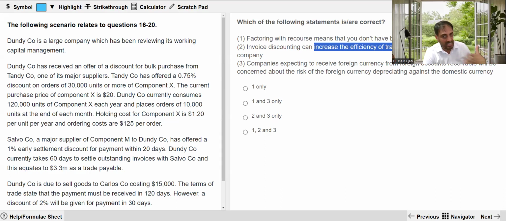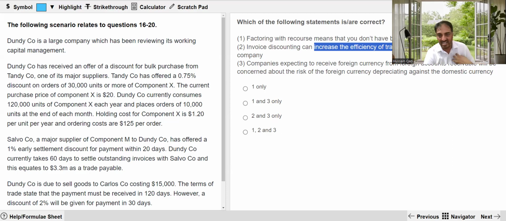Early settlement discounts, that's called efficiency of trade receivable management. Strict monitoring of the customer or allowing customer credit, strict controls, that's efficiency. But invoice discounting, it's not about increasing the efficiency of trade receivable management.